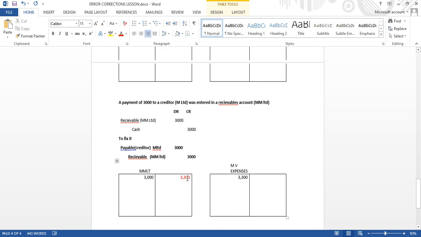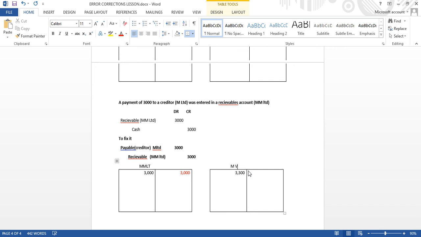So you credit to remove that 3,000, but you debit Limited 3,000. And this is the payable. Whenever a payable is reducing, whenever a liability is reducing, you debit.